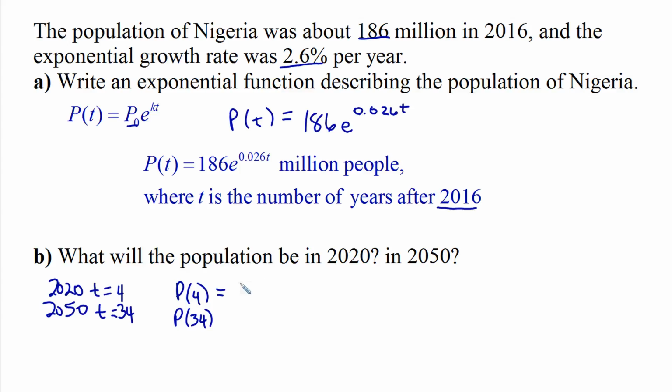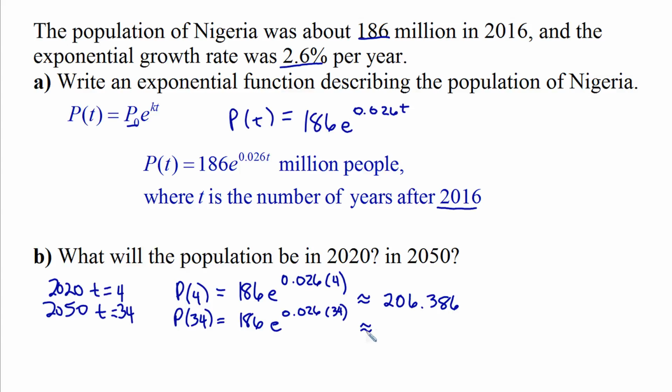So P at 4 will be 186 e to the 0.026 times 4. Using a calculator, this gives us approximately 206.386. And to find P of 34, we have 186 times e to the 0.026 times 34.